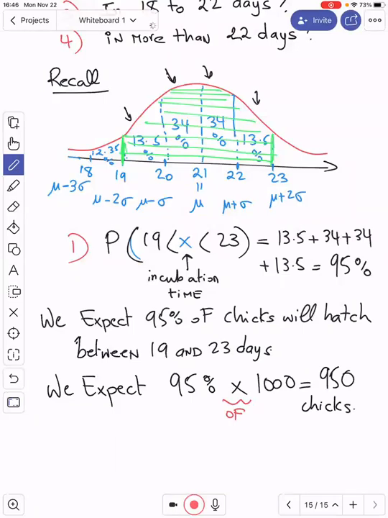We expect that 950 chicks will hatch between 19 and 23 days.